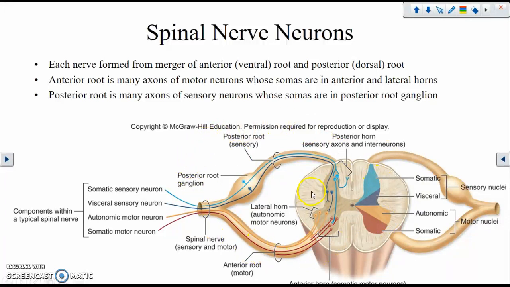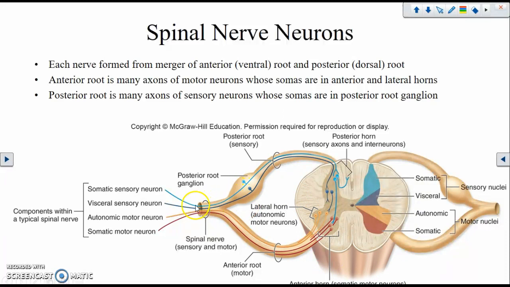So you should be able to deduce, depending on injury, whether it's the posterior portion of the spinal cord that's affected or the anterior portion. Furthermore, folks, all of this, probably up to this region here, is still part of the central nervous system.